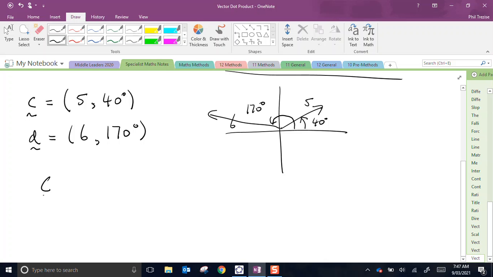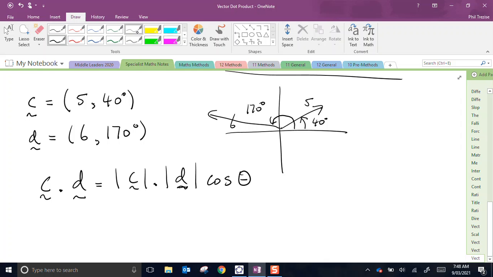Now the rule for dot product when we're in polar form is we want the length of vector C multiplied by the length of vector D by the cosine of theta. Theta is the smaller of the angles between them.